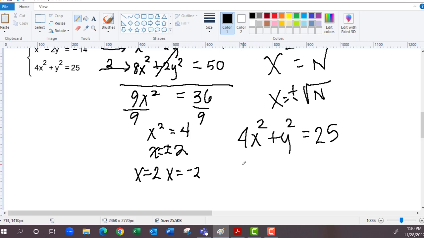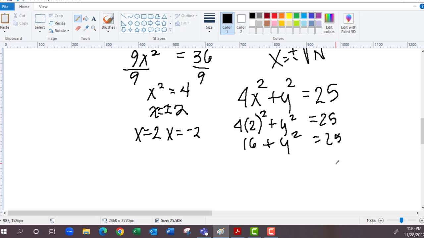If I put a 2 here, that's 4 times 2 squared plus y squared equals 25. That's 16 plus y squared is 25. That gives me y squared equals 9 if I subtract 16 from both sides. So y is plus and -3.